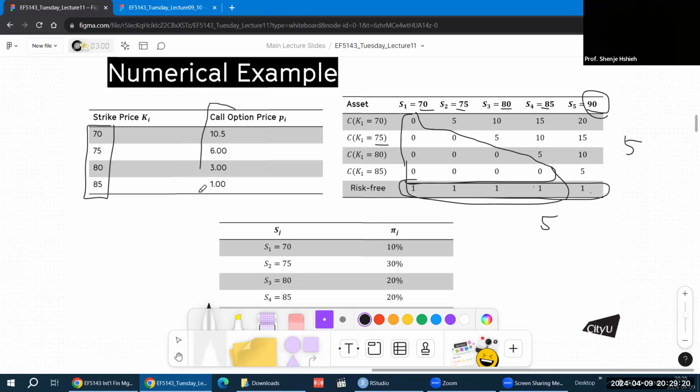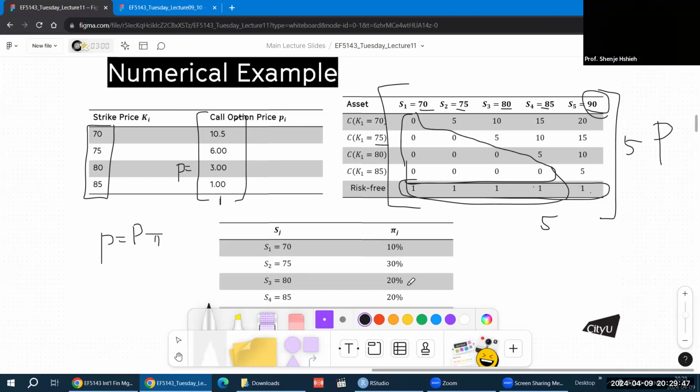If I add an extra row, so imagine I have a vector like this, and I have one more payoff of 1, right? This is the price, this is the capital P, and I want to solve for pi, so capital P times pi equals small p.